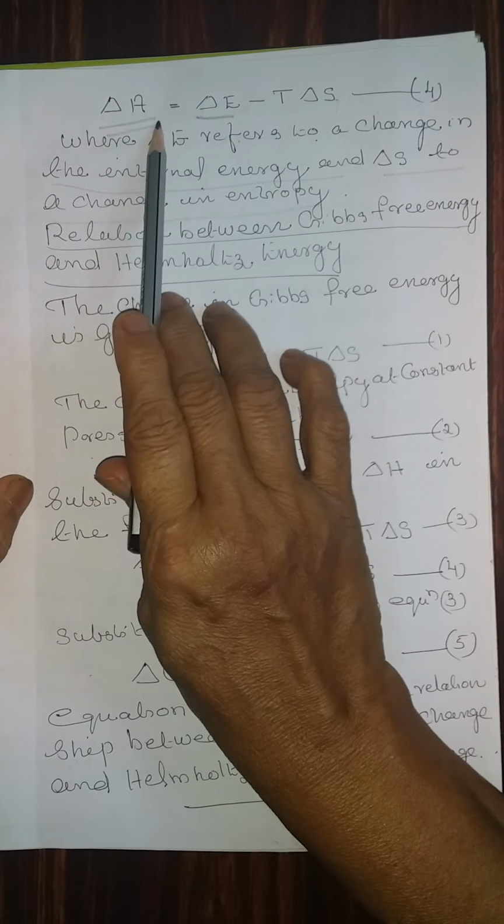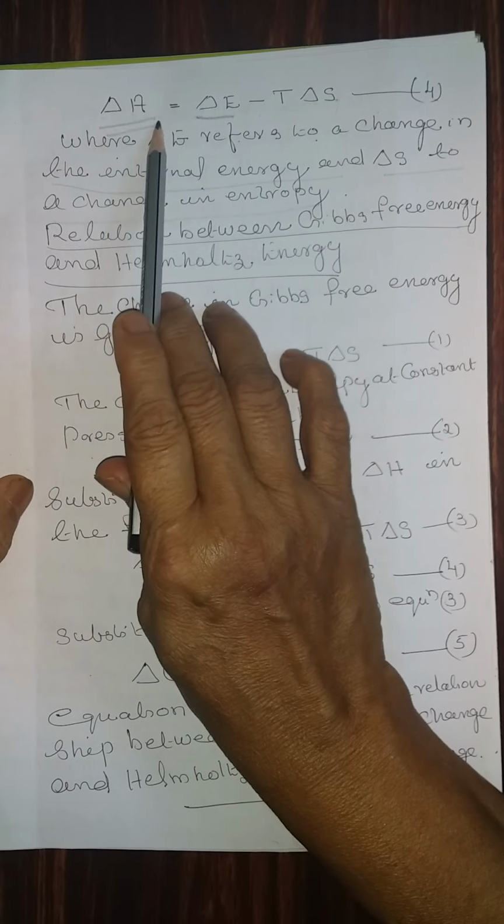The change in enthalpy at constant pressure is given by delta H is equal to delta E plus P delta V. We know the value of delta H, which we already determined earlier by taking H1, H2 and subtracting H2 minus H1. From that we got this value at constant pressure.